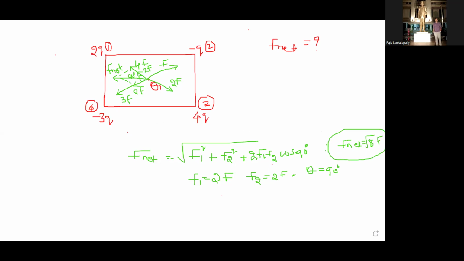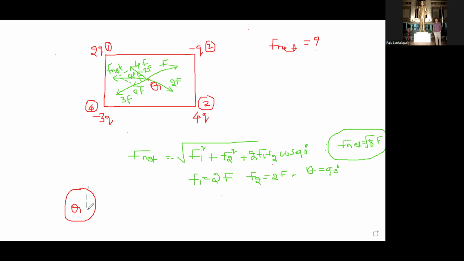Next, one more application. For example, here one charge is there, capital Q. From this charge I would like to remove some portion.